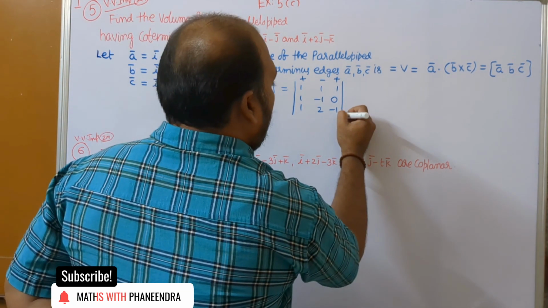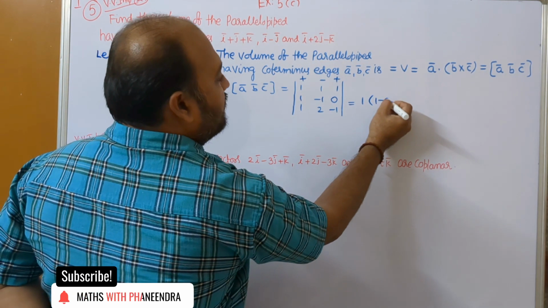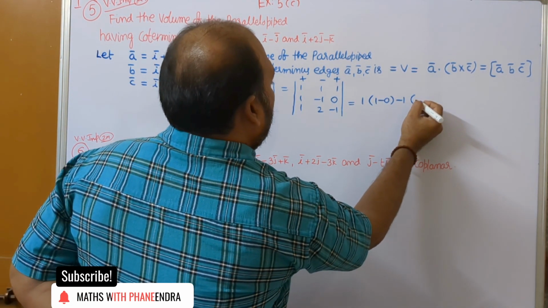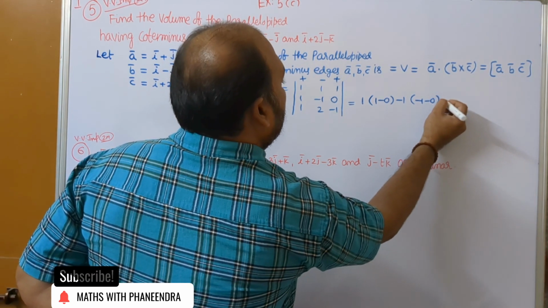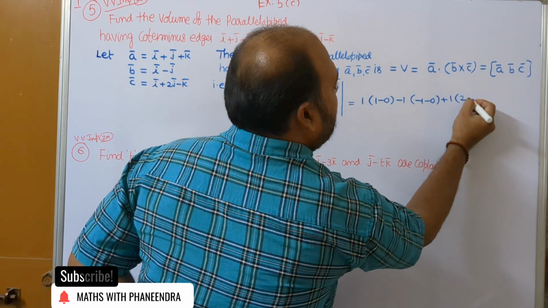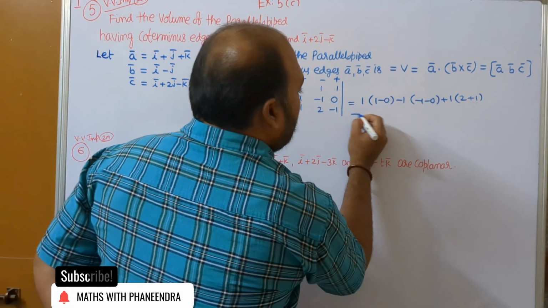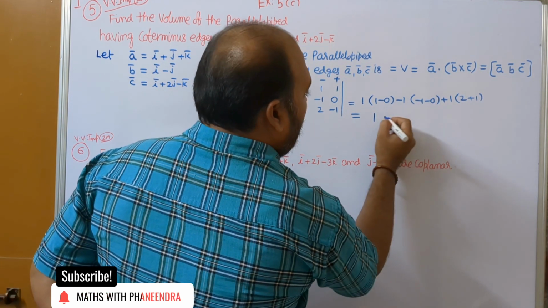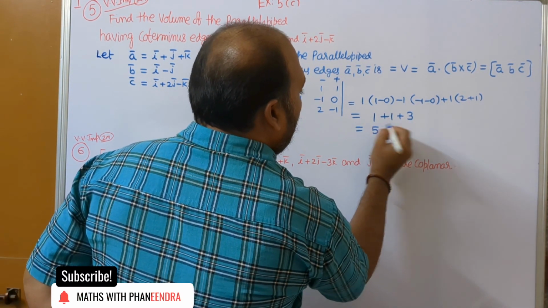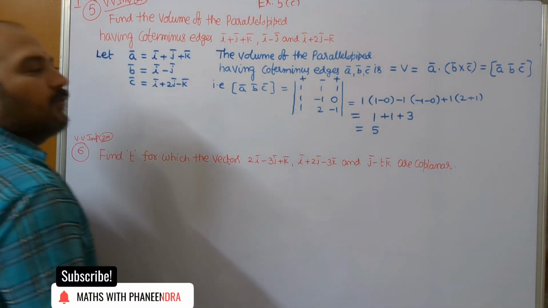So we can expand now. 1 into (1 minus 0) minus 1 into (minus 1 minus 0) plus 1 into (2 minus of minus 1, 2 plus 1). Okay. So 1 plus 1 plus 3, that is equal to 5. Okay, students.